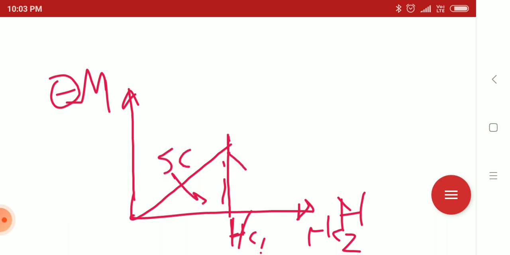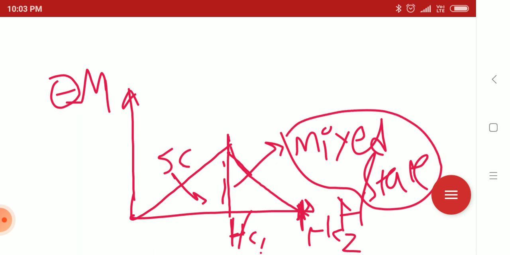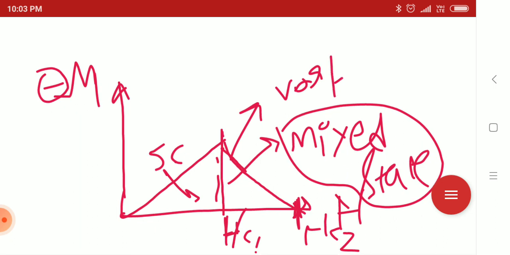Then the superconducting property decreases. Up to the limit Hc2 it shows superconductivity, but chi less than 0, not strictly superconducting. That state is known as the mixed state, also known as the vortex state.